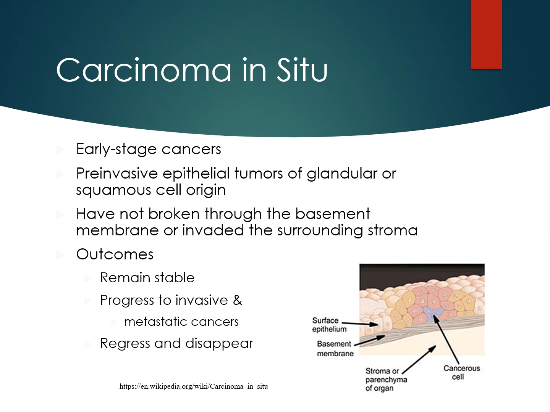We want to remove them and send them to the lab and have that tissue examined. But if it has not yet broken through the basement membrane, then it is not yet considered a true malignancy. So again, it's sort of a gray area here. And it also then has not gone into what we would call the stroma.